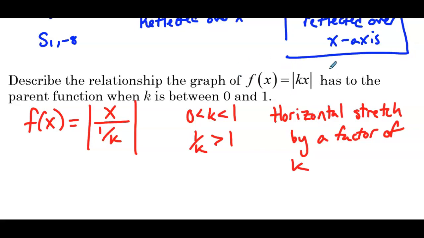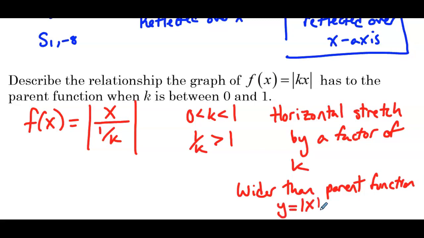Okay, so this graph is going to be a horizontal stretch, which means it's going to be wider than the parent function, which in this case is y equals the absolute value of x.